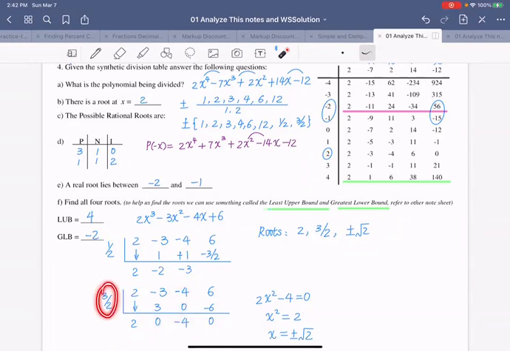And -4 times this is -6. And then 6 minus 6 goes to 0, okay? So you say, wow, that's good. That means that guy is my root because this ends with a 0. So you have 2x squared minus 4 equals 0. Does that make sense? Then you find your roots are positive and negative square root 2. So here are your roots.